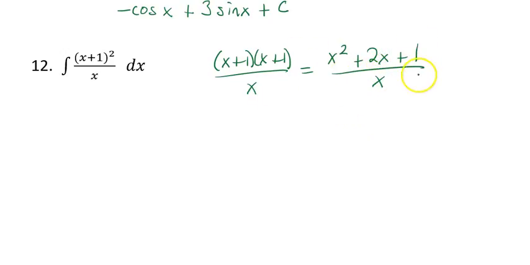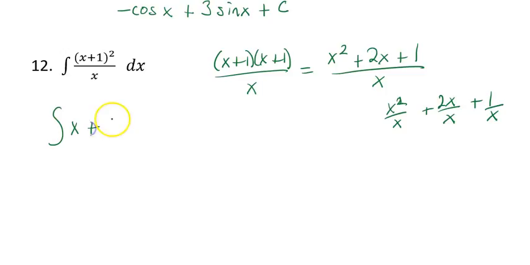And this is just my scratch work over here. So then I think about how can I rewrite that? Well, it's all over x, so I can put an x under each one and reduce. So I'm thinking x squared over x plus 2x over x plus 1 over x. And if I reduce, I get x plus 2 plus 1 over x.